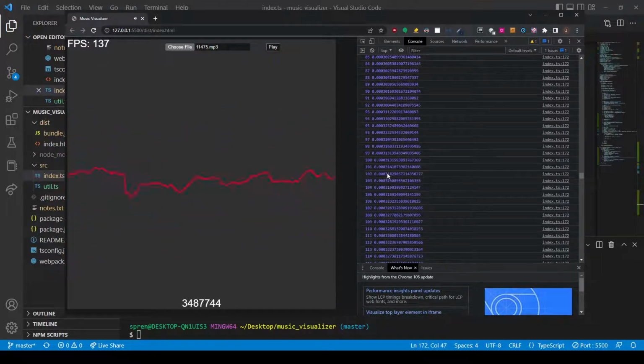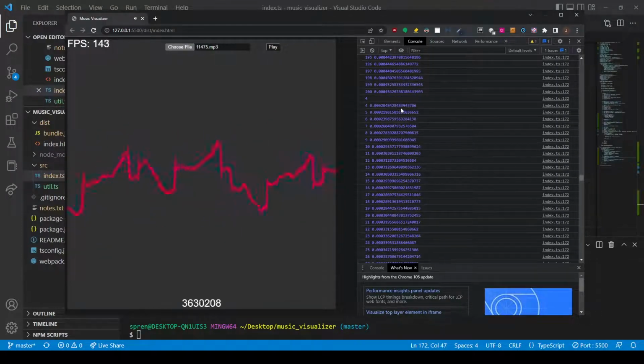It's probably very small numbers because at the beginning there's not much sound happening.